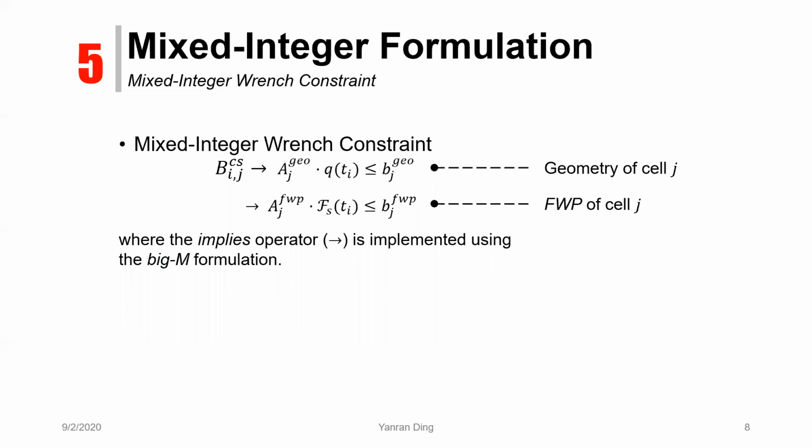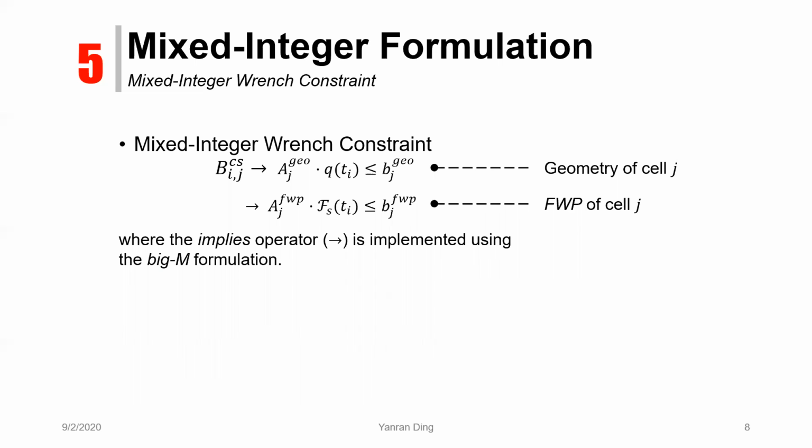The configuration space discretization allows the originally non-convex wrench constraint to be imposed as a mixed integer constraint. A binary matrix B is introduced such that when Bij is equal to 1, the following linear constraints are activated.